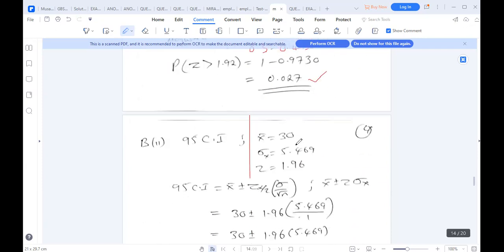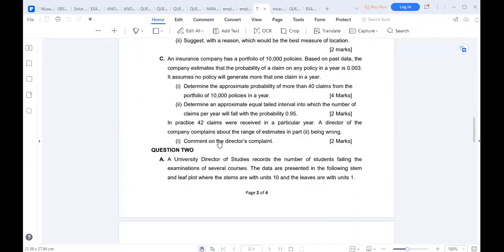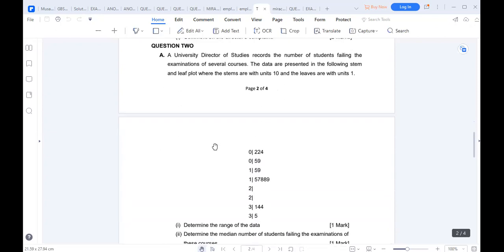All right, then we'll go to our next question here. We were told that a university has the following statistics. That has been produced using a stem and leaf diagram.